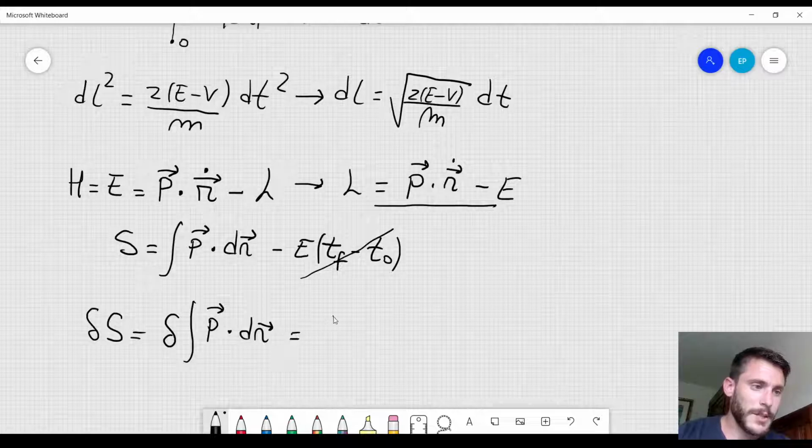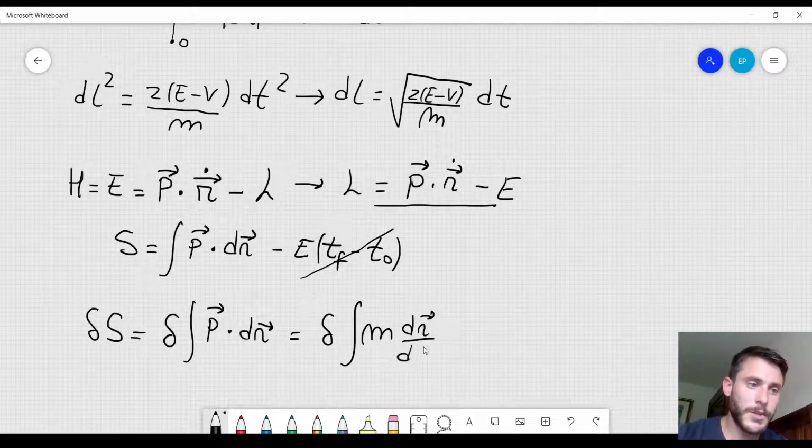And I know that I can rewrite the momentum as the mass of the particle times dr over dt, which is the velocity, or r dot if you want. This is dot product with dr. And I can also divide this by dt and multiply by dt if I want.